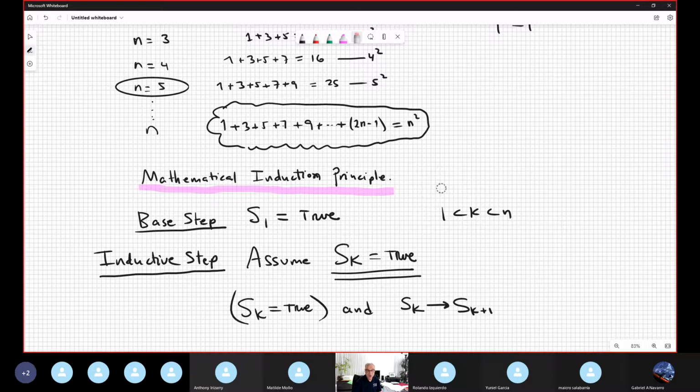Repetition: you assume that S sub k, totally arbitrary in the middle, is true. That means that the next one, because k plus 1 is the next, is true. That means that A sub k plus 1 is also true.